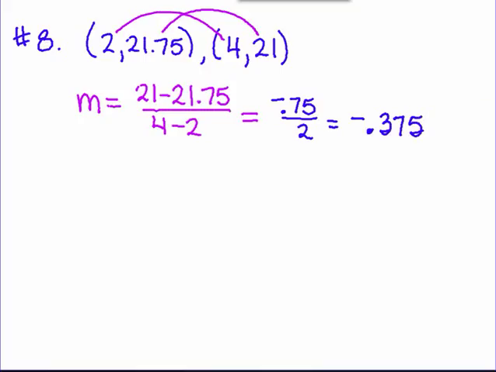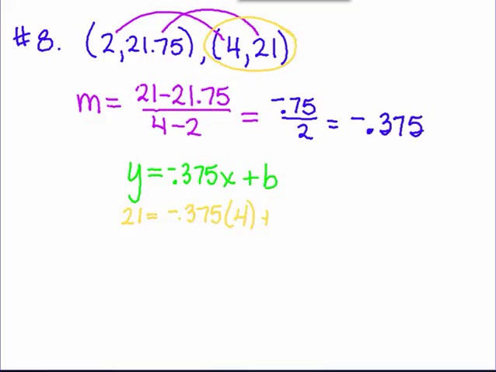Now what I need to do is put that in slope-intercept form. Can somebody tell me what I need to do next? y equals negative 0.375x plus b. What point do you want to plug in? (4, 21). I would plug the (4, 21) point in. So if I plug in 21 for y, and 4 for x, what is negative 0.375 times 4?